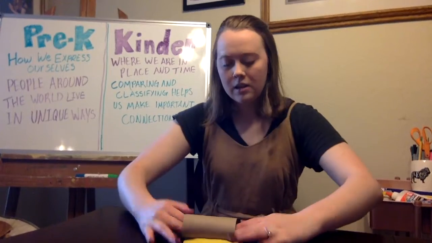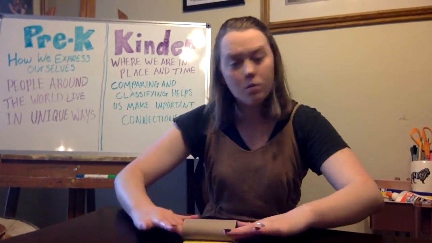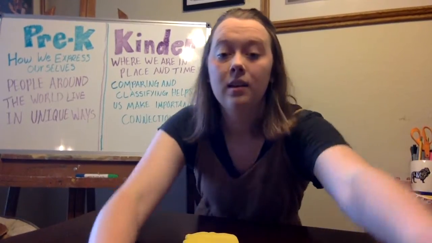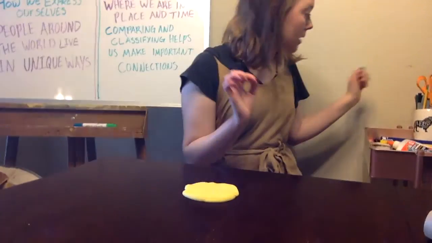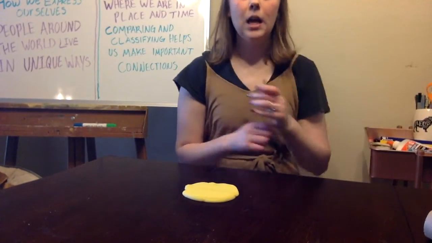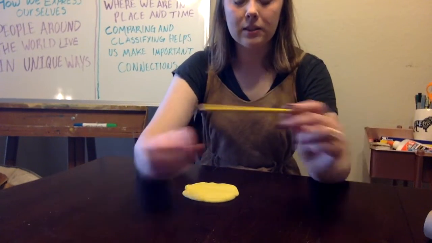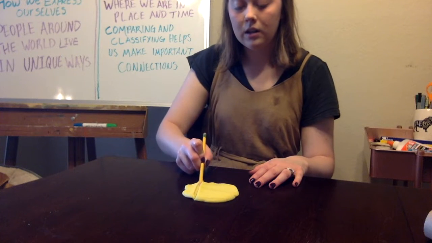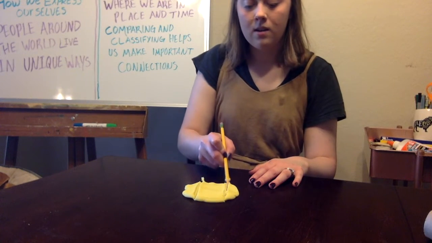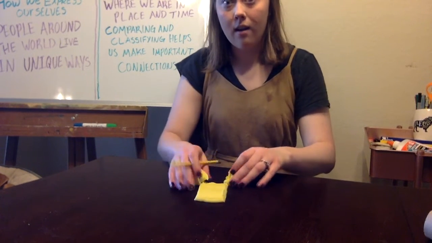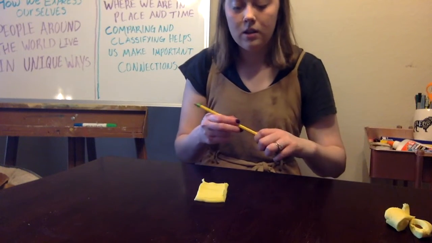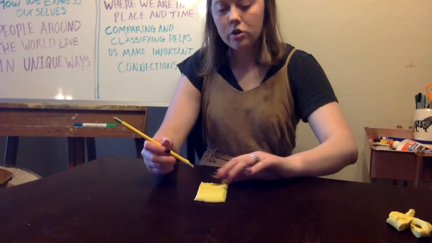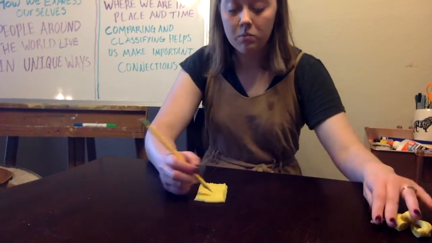Once your clay or Play-Doh or Model Magic or whatever you're using is flat, you want to take a tool. Maybe you could use a pen or a pencil. And what you're going to want to do is make a square or a rectangle or whatever shape you want the bottom of your pot to be.